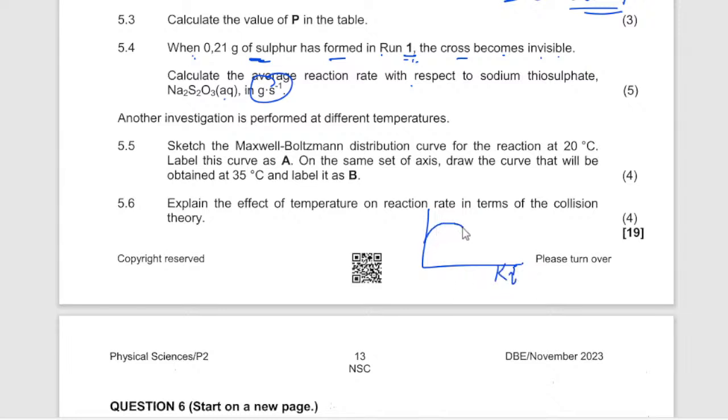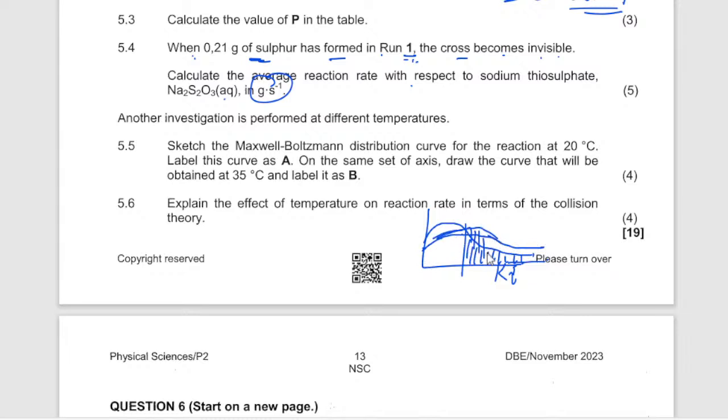So the axis is number of particles. If this is the first, and that is the number of particles with sufficient energy, when you increase the temperature, it's going to flatten and increase the number of particles with enough energy. So you see the number of particles, like that.